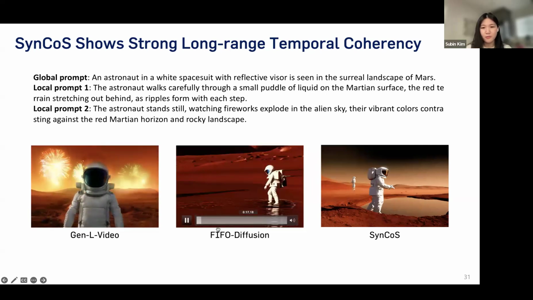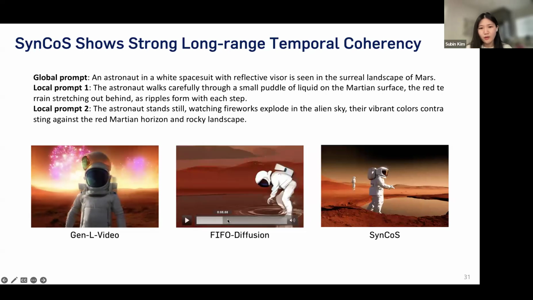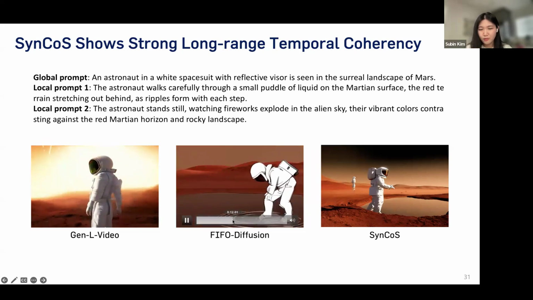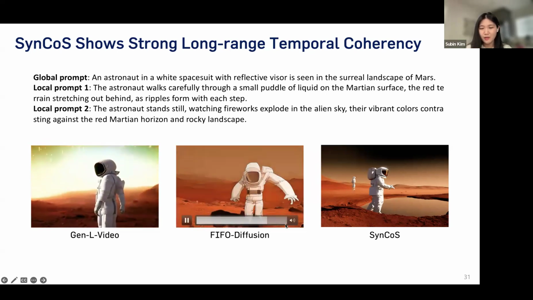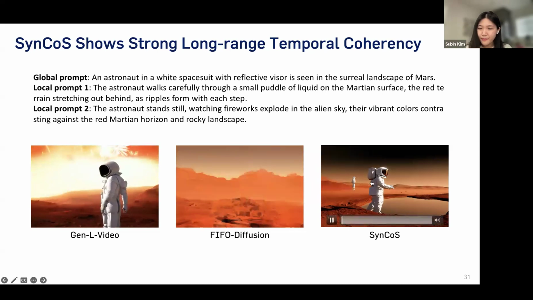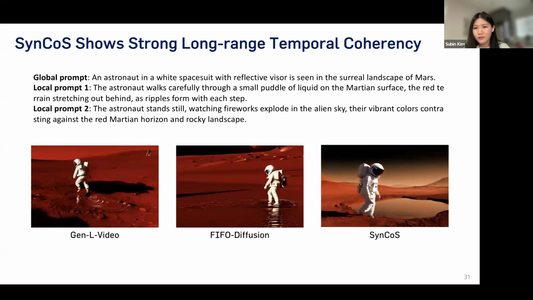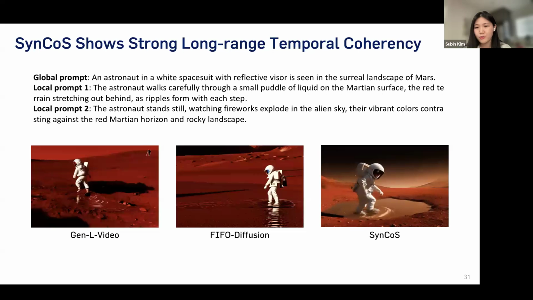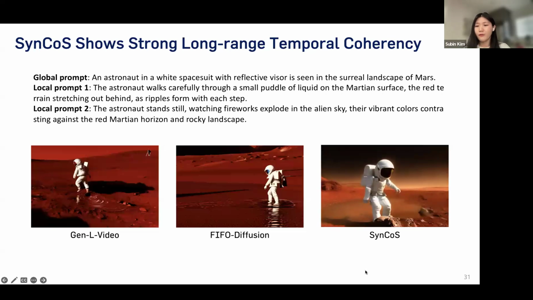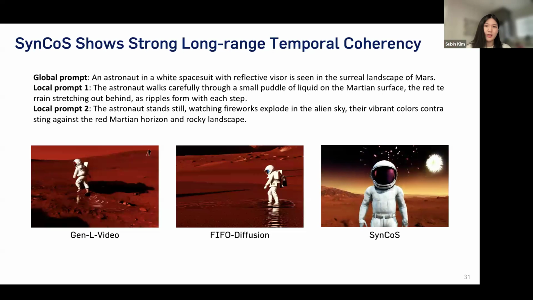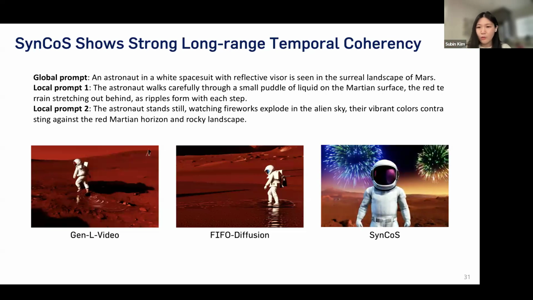And in case of this work, in case of intermediate frames, it shows some anime style. But compared to that, our framework shows smooth transition between local frames, and also we obtain long-range temporal consistency in semantic or content.